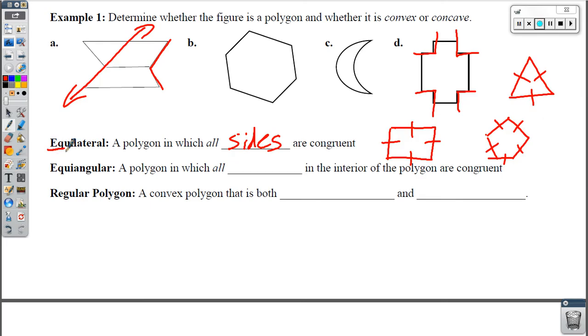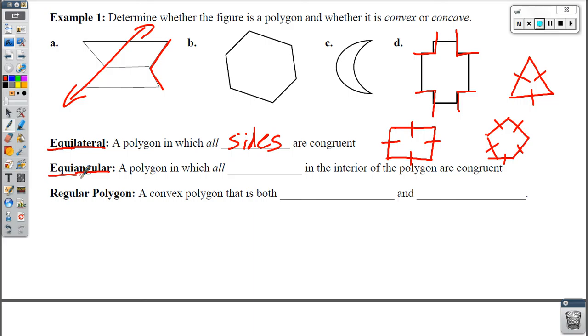So the first part of the word here, EQUI, it looks a lot like the word equals, and then lateral is the word that we use for the sides of the shape. So lateral is sides, equi is equal. So this is a shape that has equal sides. Equiangular, well, look at the word angular in there, that's angles. And then EQUI means equal.